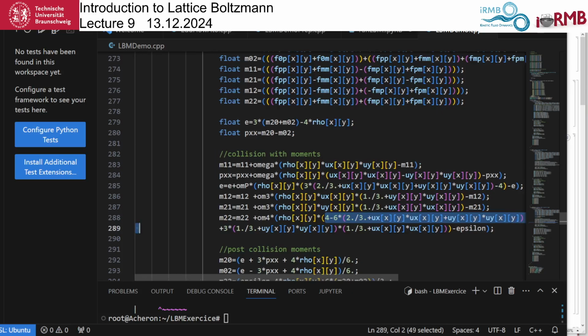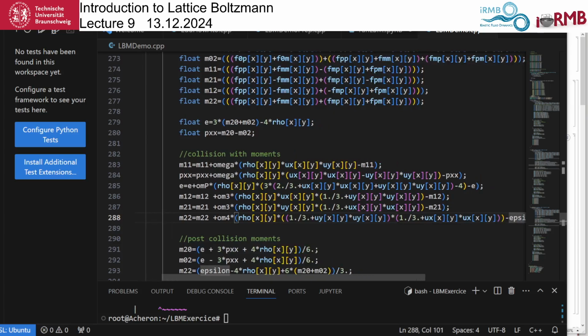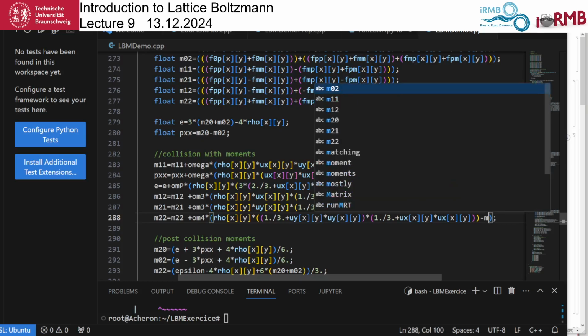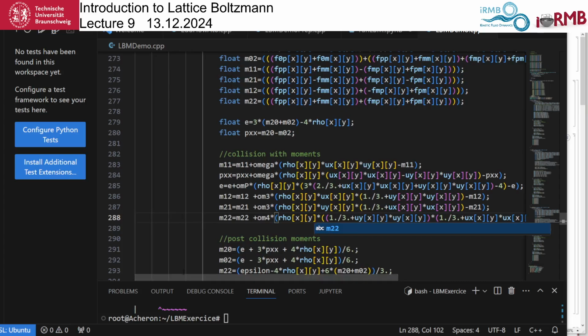The equilibrium for M22 is this one. Am I right with the brackets? Yes. Okay, and from here I have to subtract M22. So now we're just using countable moments, no orthogonalization, right?